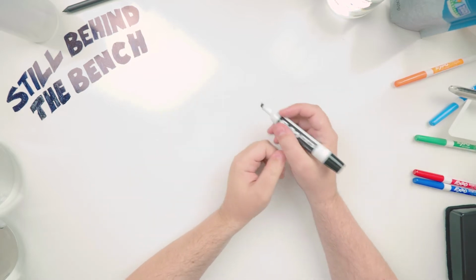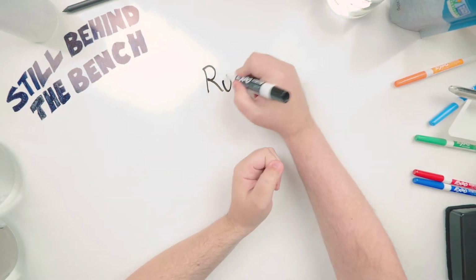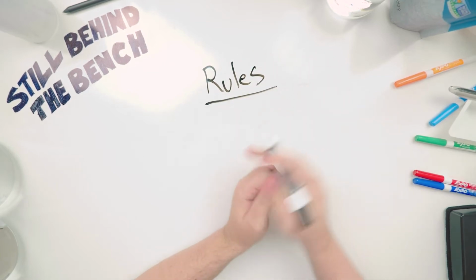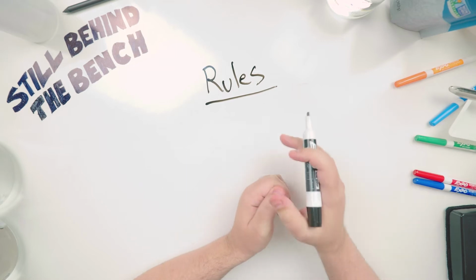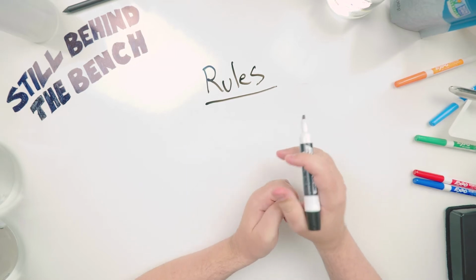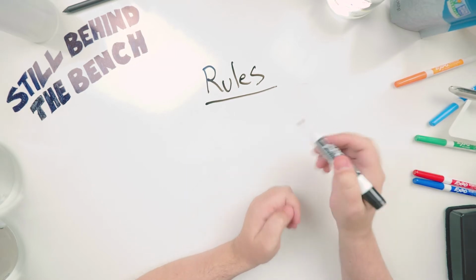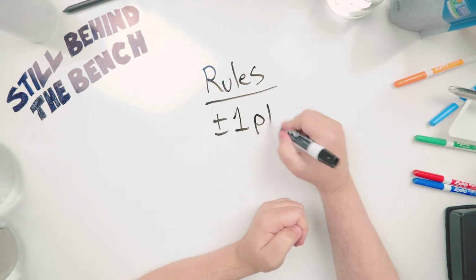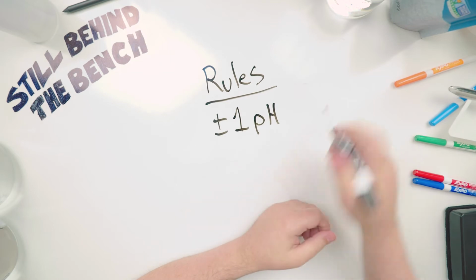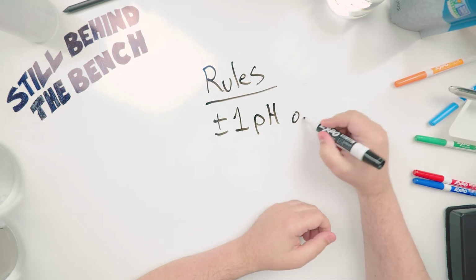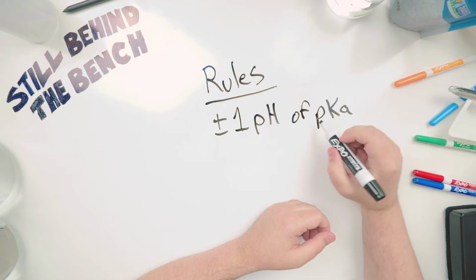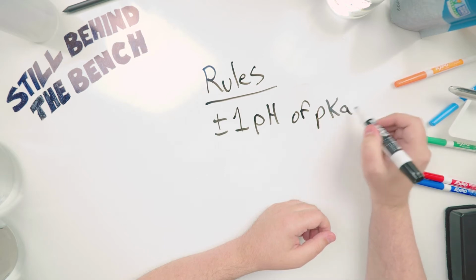So there are some rules that we should be following when we are choosing which weak acid we are going to use for our buffer. Only plan on the weak acid being effective within 1 pH point of the pKa value. And the pKa is just the negative log of the Ka.